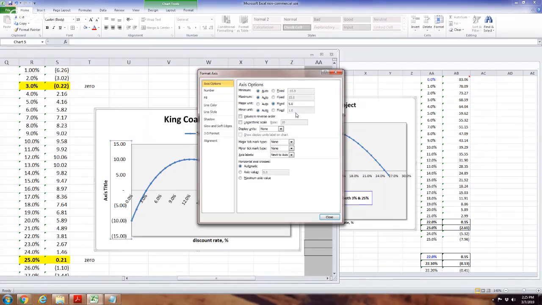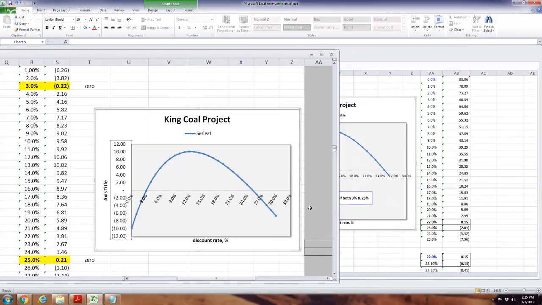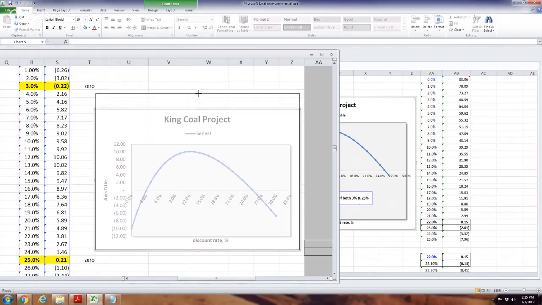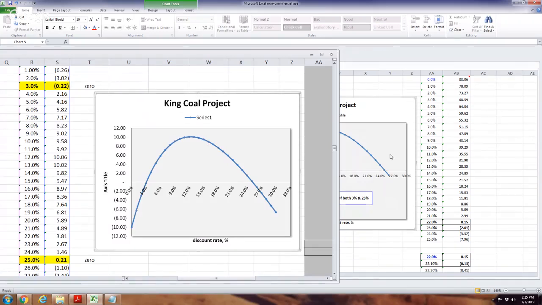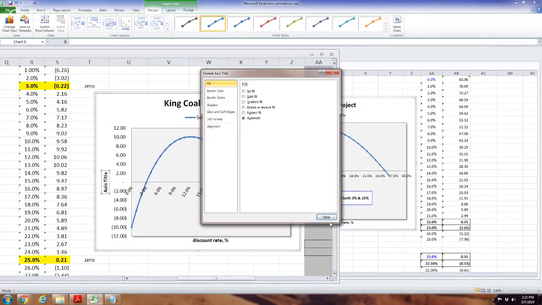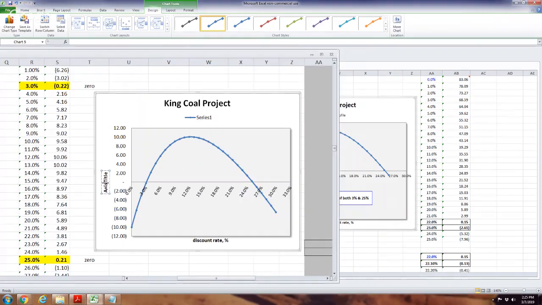Instead of 5 million, down to 2 million. Yeah, a couple of them there, because this is a little crunched in here, as opposed to that other one, which is a little more spread out. And this is net present value US dollars. This is net present value USD 0.000.